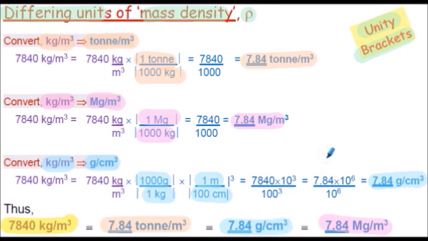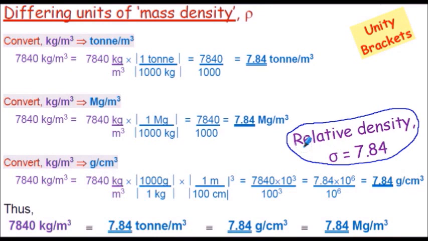So each one of those values relates to the same mass density for a typical steel. And something further to note for reference, the relative density of steel in this case would be 7.84. So the magnitude of the various densities here actually relate to the relative density.